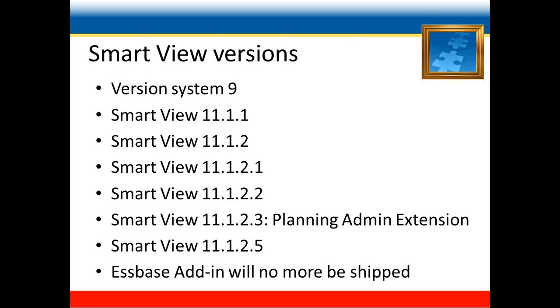Then in SmartView version 11.1.1, a key feature was introduced, which was that we required a provider to connect SmartView with the data source. In version 11.1.2, we could see some data-source-specific ribbon tabs after connection with the data source.